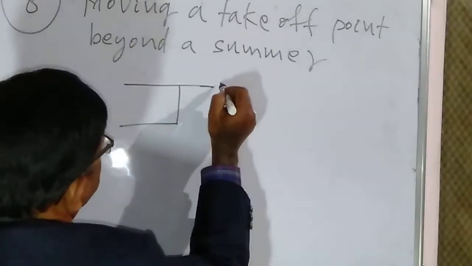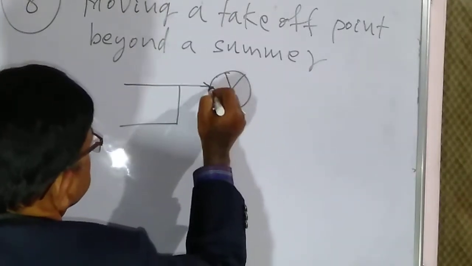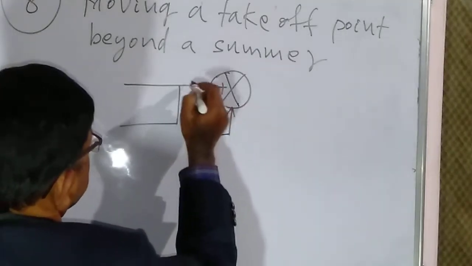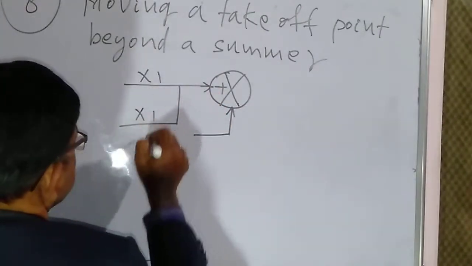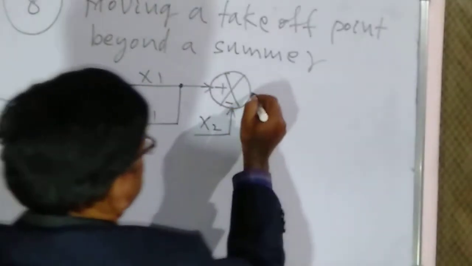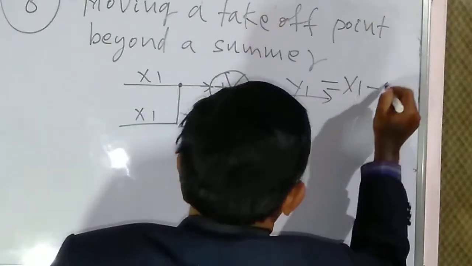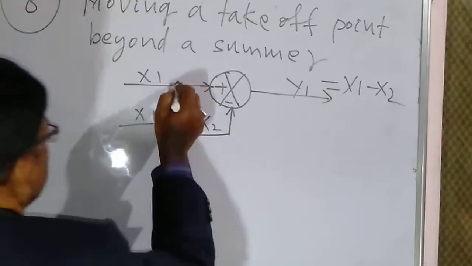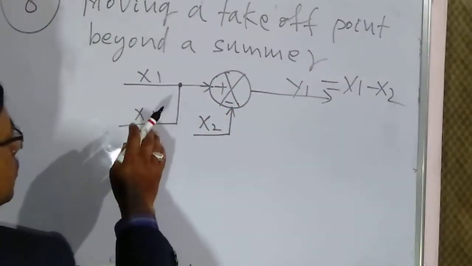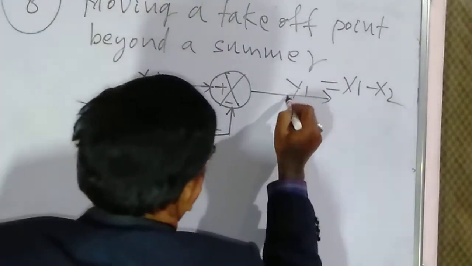This is the takeoff point. Assume that this is your x1, x2, y1 is equal to x1 minus x2. Now if this takeoff point moves to this side, then what will happen?